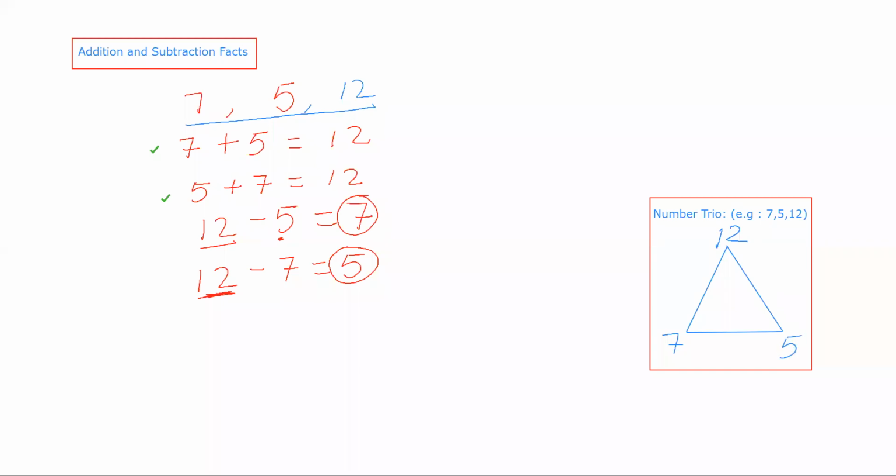Correct? Okay. Also, there is another thing. In this triangle, I'm going to put my plus and minus operations. So what I'll do: minus goes on the sides, plus goes on the bottom. Just remember this: minus goes on the sides, plus goes on the bottom. Okay. Now, once you know this much, it is easy to work out your number triangles.